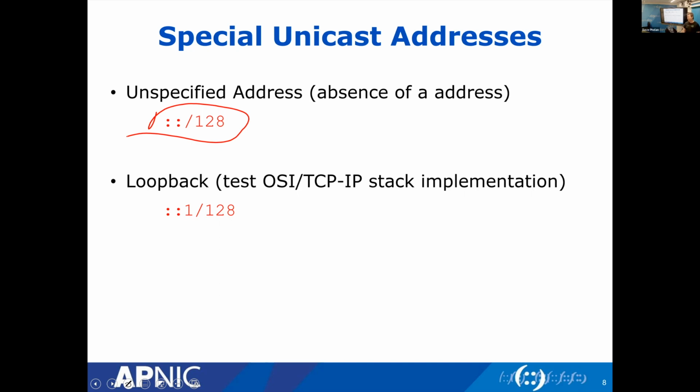What's my IPv4 loopback address? Anything, I was waiting for that. I was hoping somebody would say that. Anything in the 127 range. So 127/8 in IPv4 is actually designated to local loopback. Typically, we only use 127.0.0.1.